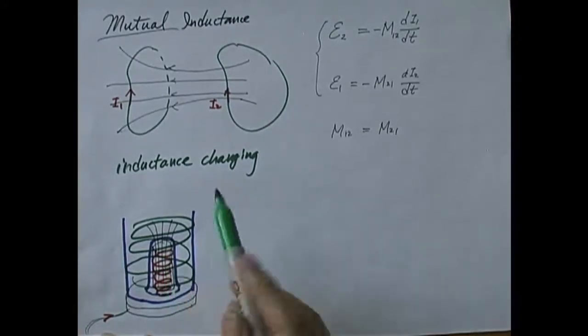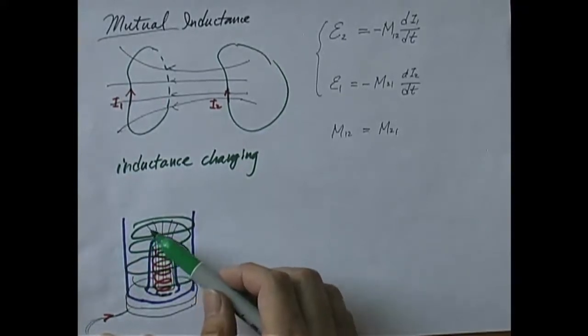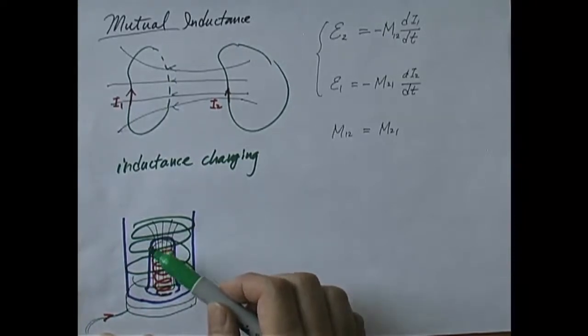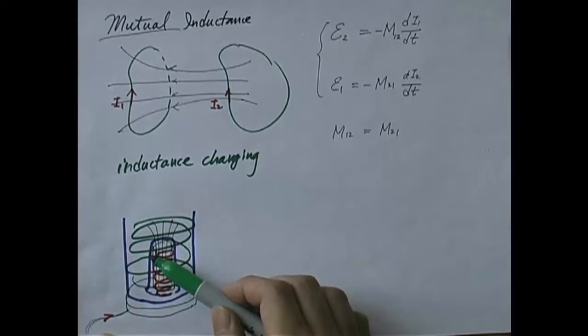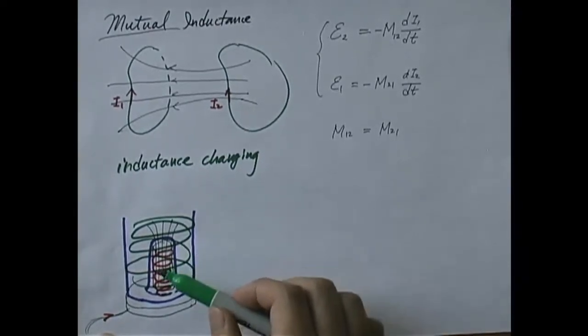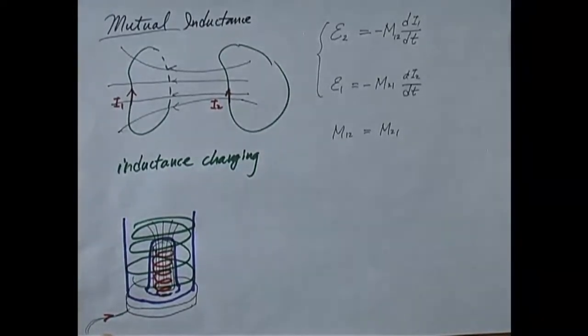It will be picked up by the green solenoid, right? The green solenoid will then have a current going through it, and that's powered by the induced EMF. That current is the charging current. So even though there is no direct metallic connection, for safety reasons, you can still charge. It is an example of inductance charging.